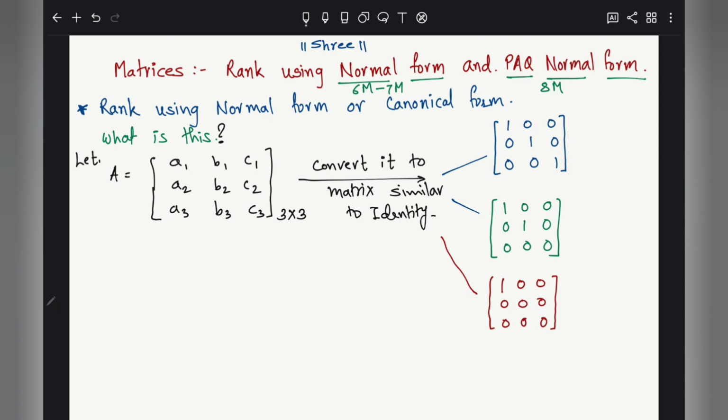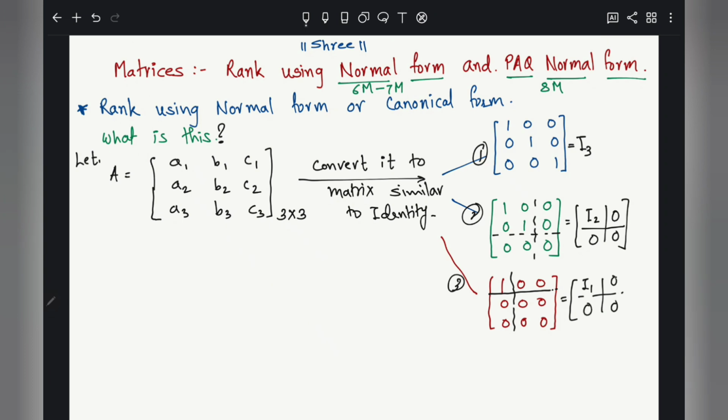That is, the 3 cross 3 matrix given to you may turn up in these 3 ways. First, it may turn up to the identity matrix, or it may convert to this, where you can see I2, a 2 cross 2 identity in the upper part, and other places you are getting 0. Or you may get this, where you find only a 1 cross 1 identity, that is I1 only in the first part, and everywhere else 0.